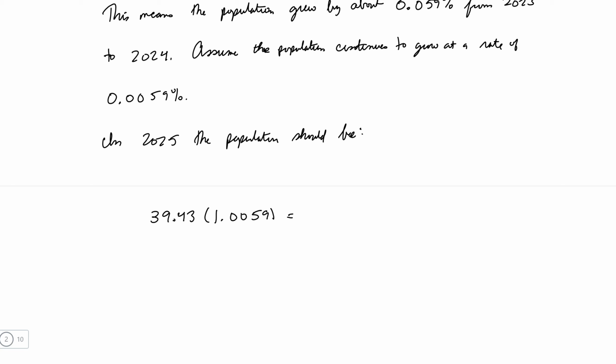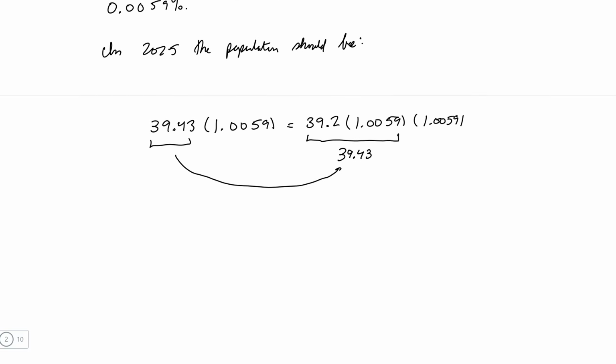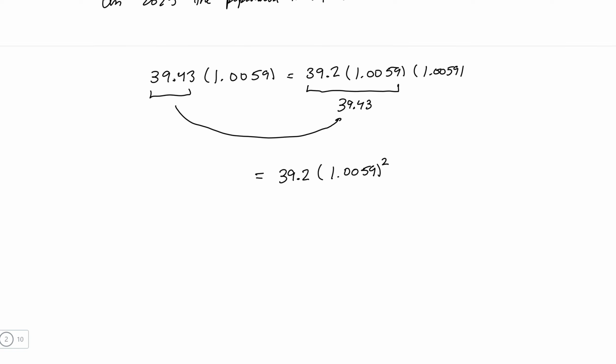We can also write this as 39.2, and we know that this value here is 39.43. That's how we got the 1.0059. And so this part goes to here, and then we have this other 1.0059. So overall, this is 39.2 times 1.0059 squared. And we could continue this.